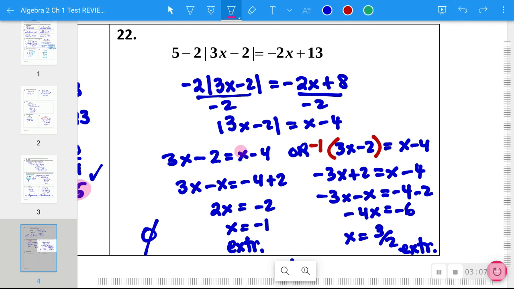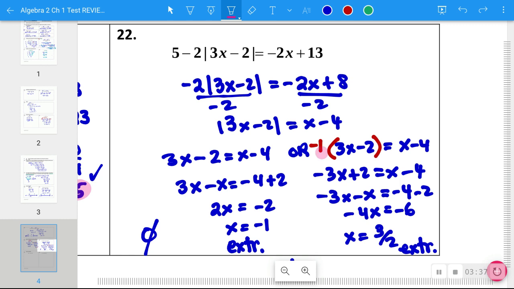Okay, so get your x's on one side, and that gives 2x. -4 with a 2 joining it from the other side gives -2. This left-hand side simplifies to 2x. This side simplifies to -2. And you end up with a -1 for the answer. Now later when we check it, I think we're going to find that answer is not a good answer.